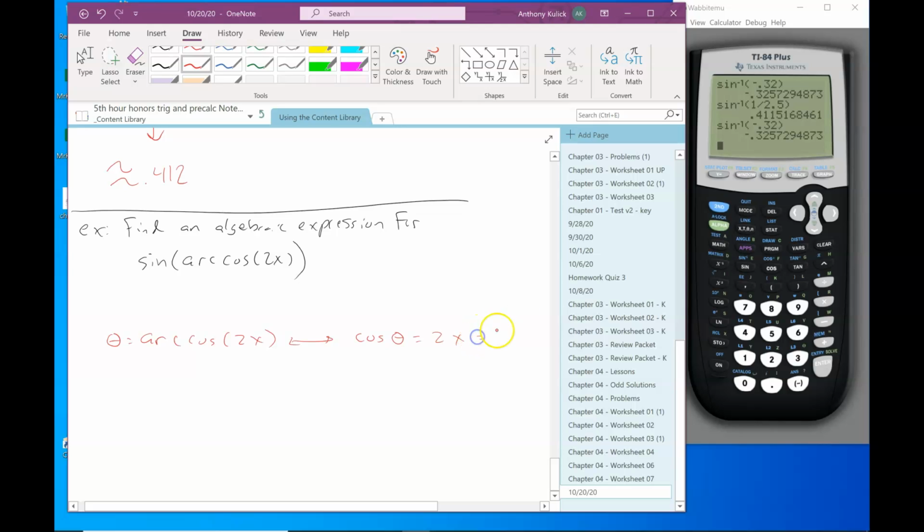And I remember that cosine is adjacent over hypotenuse. So I'm going to have a right triangle with angle theta, where the adjacent side is 2x, and the hypotenuse is 1.